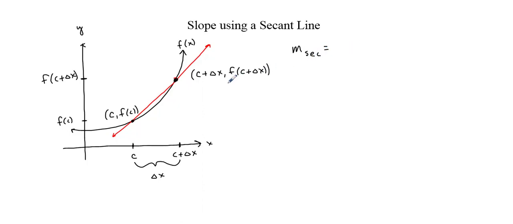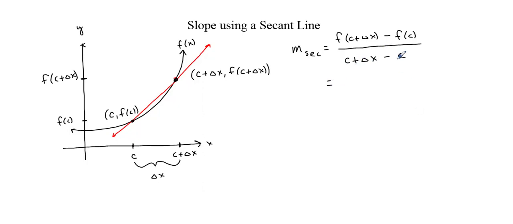All right, so y2, we'll call these the 2's and c, f of c the 1's. So we will have f of c plus delta x minus y1 would be f of c, all over x2 would be c plus delta x minus x1 would be c.